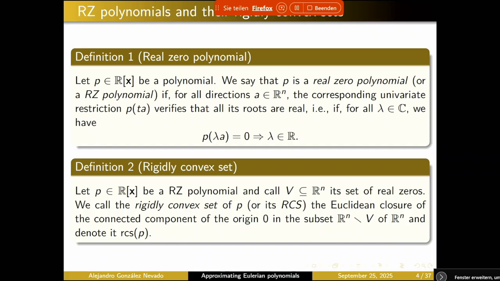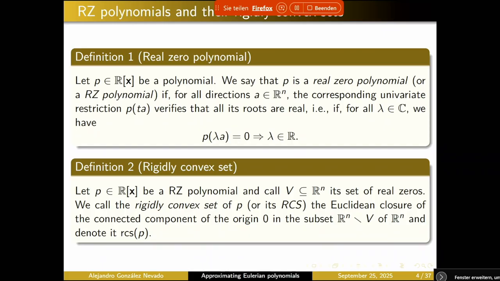So you have real roots at each line through the origin. And these sets, we will see a picture soon, define some important sets in optimization that are the rigidly convex sets, which are the Euclidean closure of the connected component of the origin, because we will see that they separate the origin from the rest of the space.